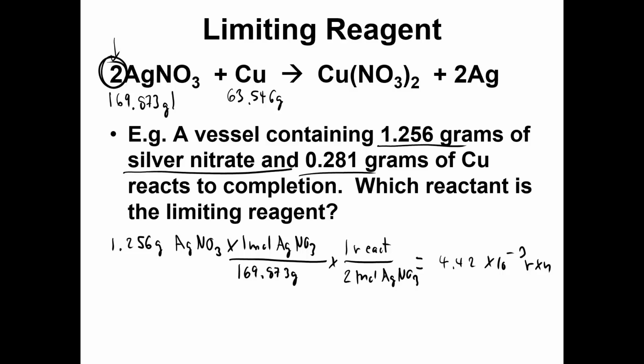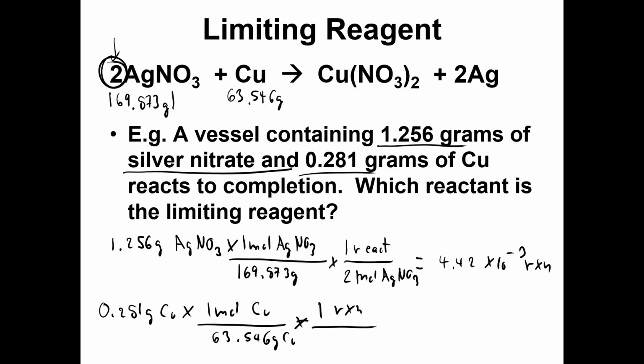Okay, and so I'm going to do the same thing for copper. I have 0.281 grams of copper times 1 mole of copper divided by 63.546 grams of copper, again times 1 reaction per 1 Cu.